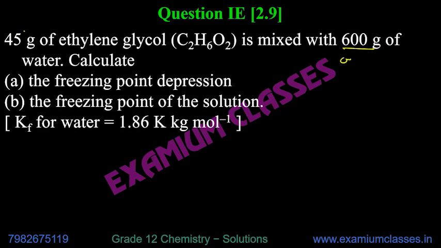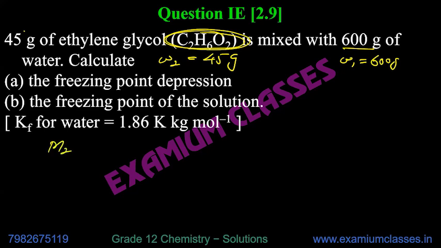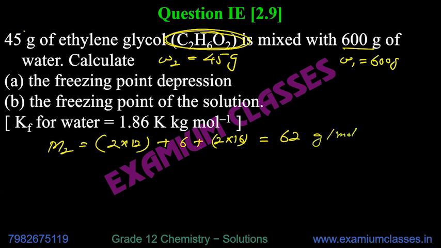So W1 is 600 grams, W2 is 45 grams. And molar mass of the solute, that is M2, will be 2 into 12 plus 6 plus 2 into 16, that is 62. Okay. Or if we talk about molar mass, gram per mole.